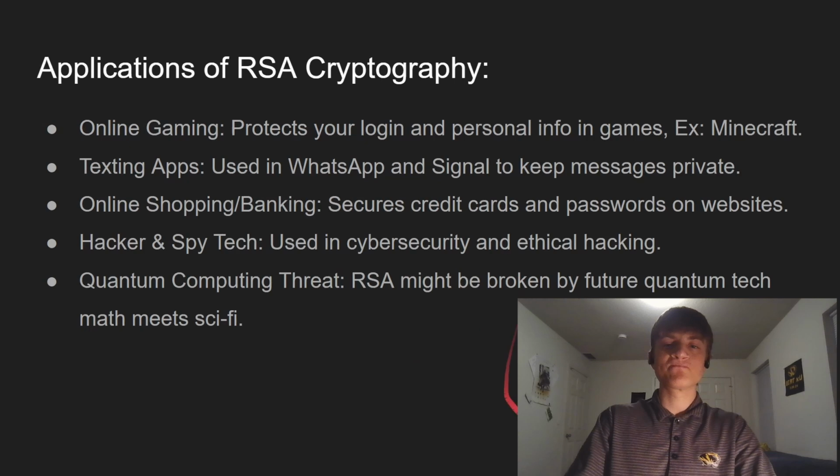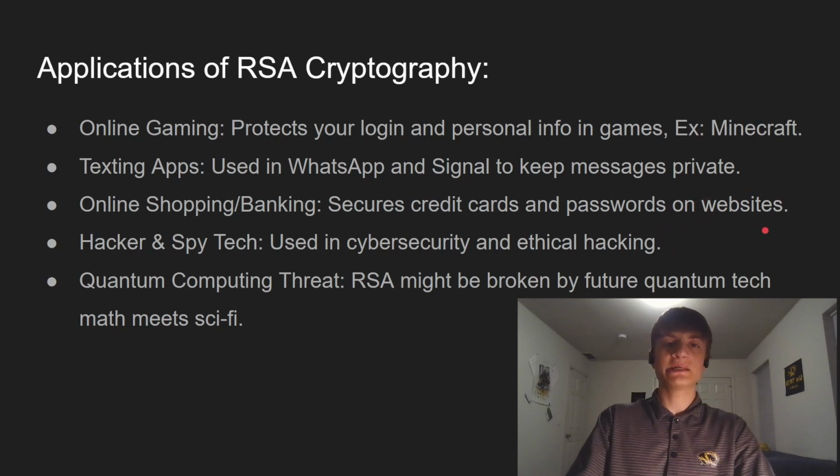And so there are a lot of applications to RSA cryptography. For one, it's used a lot in privacy. For example, online games like Minecraft, it protects your login and your personal info. A lot of texting apps like WhatsApp and Signal use RSA cryptography to keep messages private. Online shopping and banking use it to secure credit cards and passwords on websites.